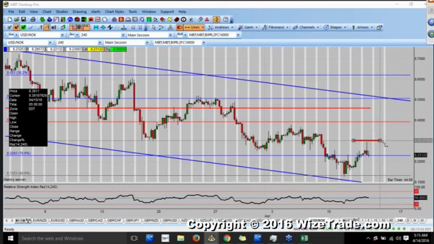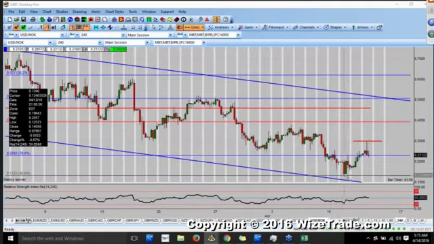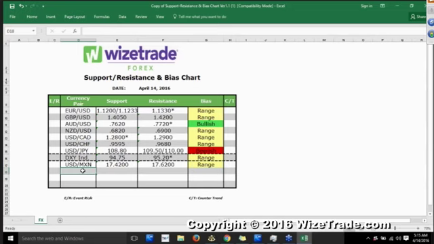I'll mark up 8.30, and then obviously this is great support down here. It's channel support, so really great reaction down here. So that's 8.12, 8.30.